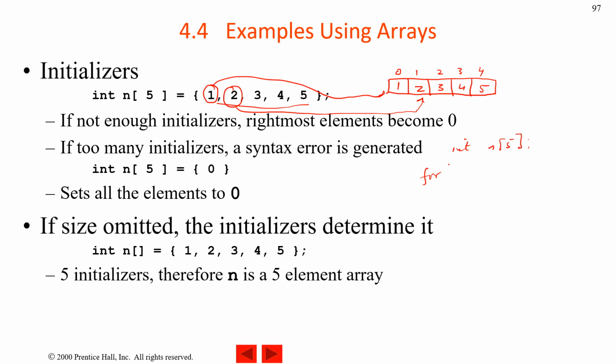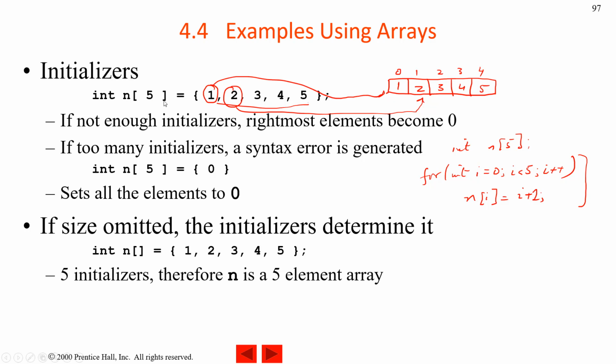And then I could have written for (int i = 0; i < 5; i++), and then n[i] = i + 1. Why i + 1? Because at location 0 I want to put 1, and at location 1 I want to put 2. So whatever is the index, I want to put a number that is 1 larger. So what I did over here and this are exactly the same thing.